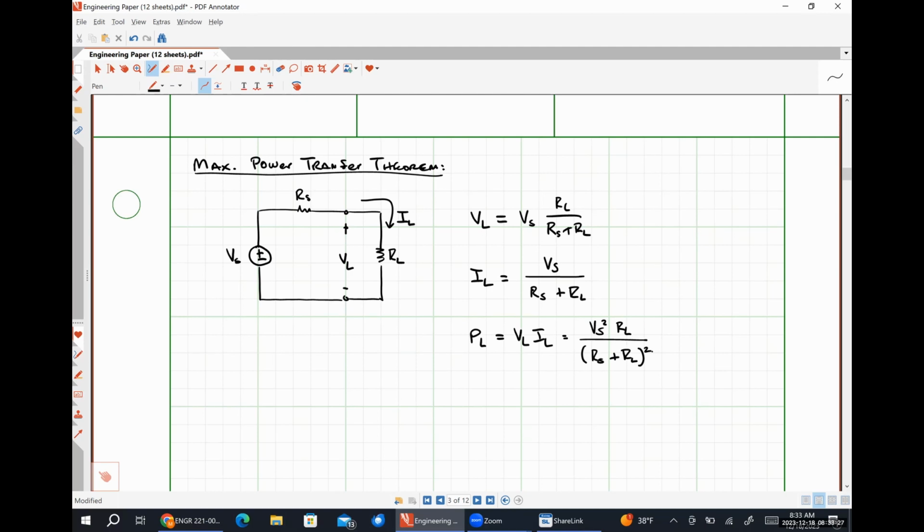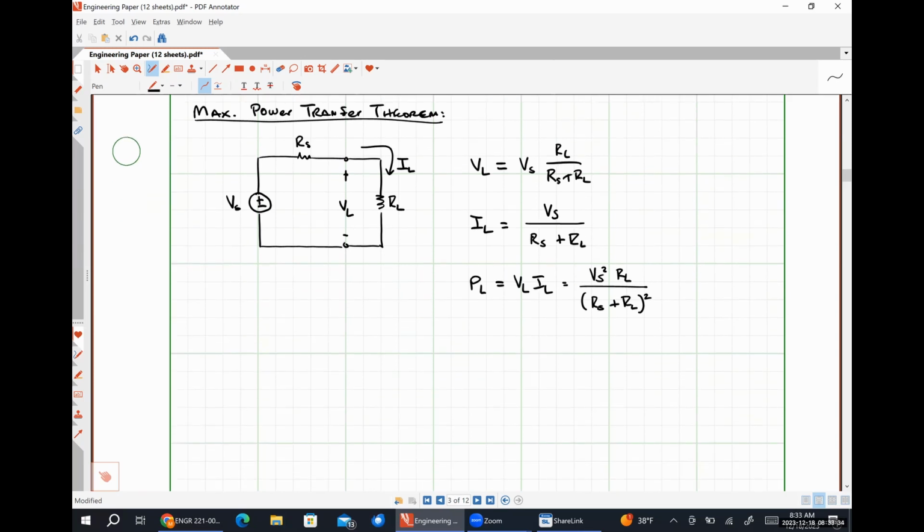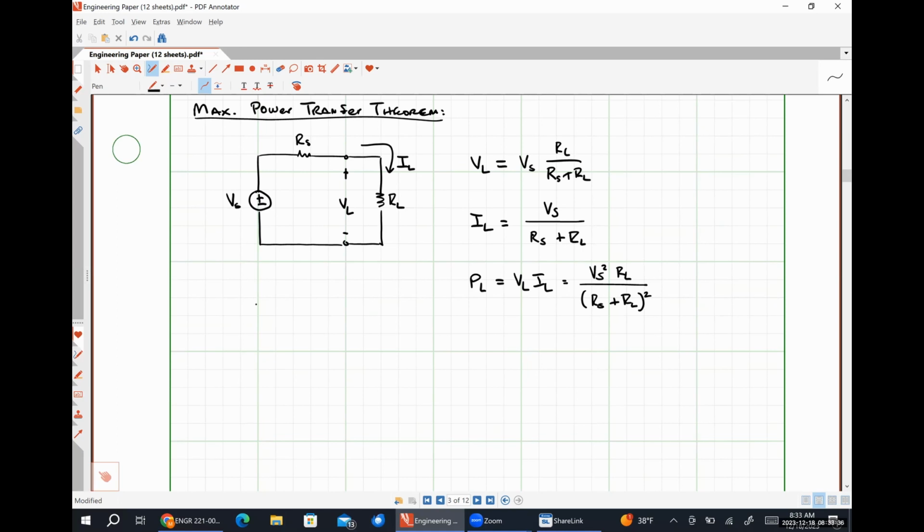So if I were to plot the power absorbed by my load resistor, it might look something like this. This is going to be the power as a function of the value of RL, and this is going to be RL on this axis.